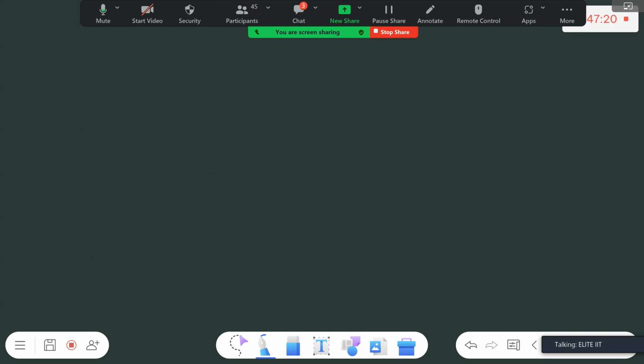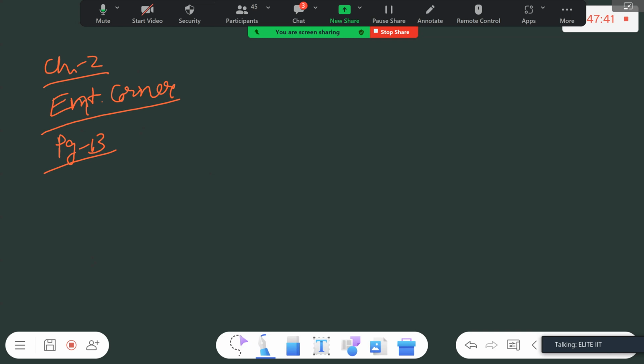It is from the entrance corner of chapter 2, page number 13. It is your question number 17.